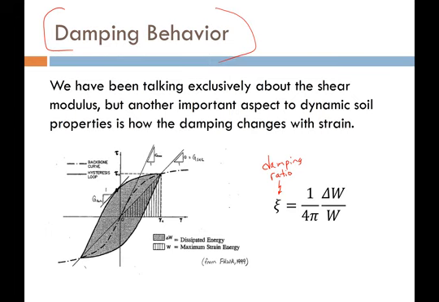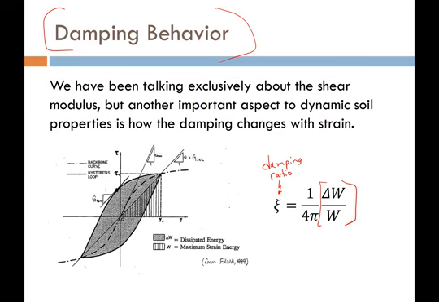But again, the damping ratio is a function of this ratio, where we take the area of the energy dissipated by one cycle of loading in our soil by the theoretical maximum energy from one direction of loading, and it's basically the area underneath the secant modulus strain curve.